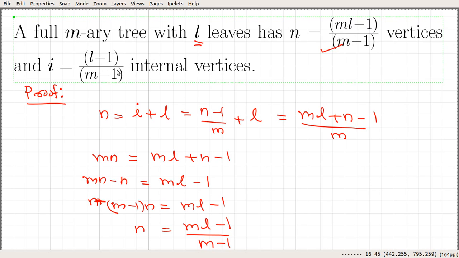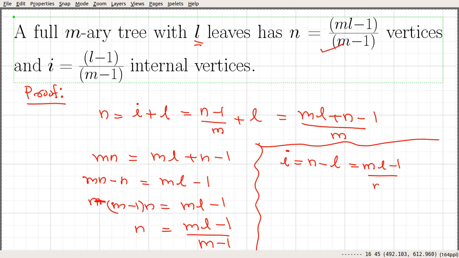The total number of internal vertices is (L minus 1) divided by (m minus 1). From here we know I is equal to the total number of vertices minus the total number of leaves. We already found n, so let's substitute that here. So I is (ml minus 1) divided by (m minus 1) minus L. This is equal to (ml minus 1 minus ml plus L) divided by (m minus 1).